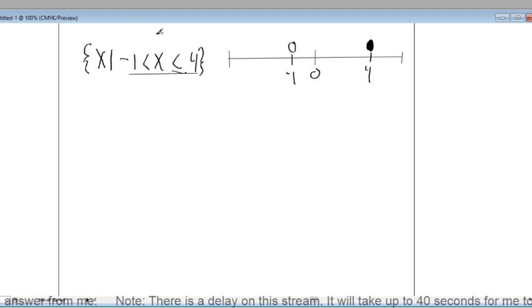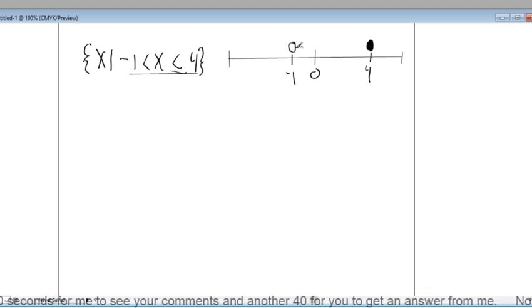So again, we need to break this down. -1 is less than x. What that means is that whatever x is, -1 has to be smaller than it, which means, in other words, x is bigger than -1, doesn't it?